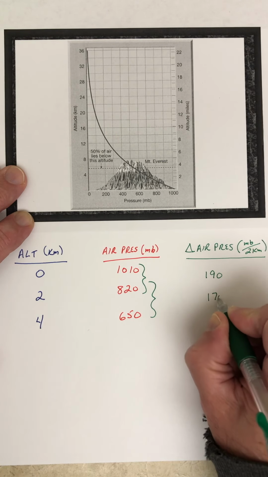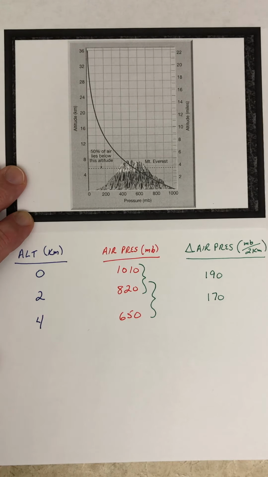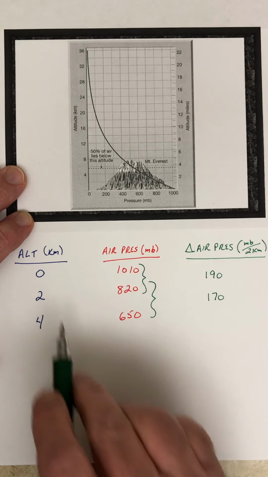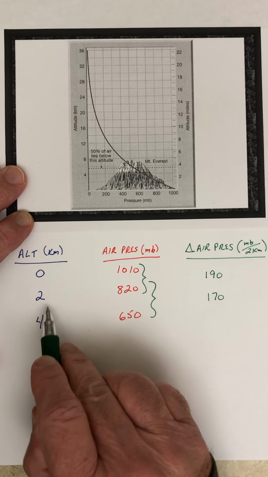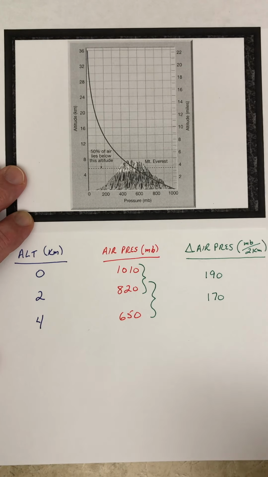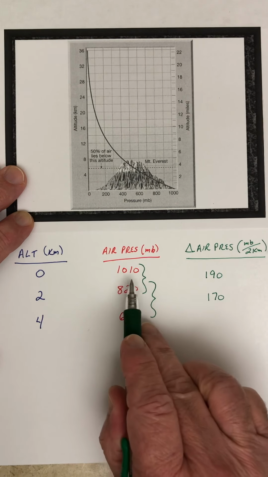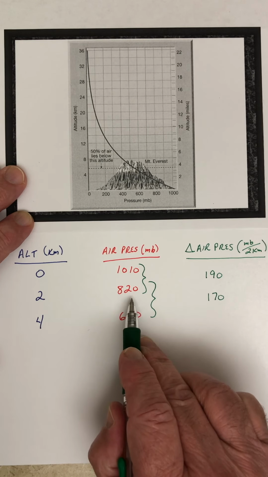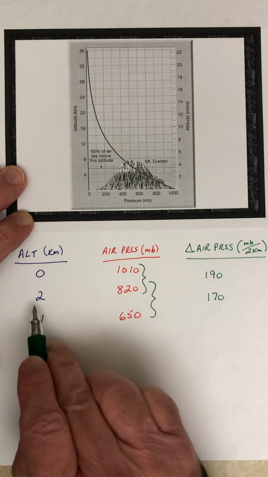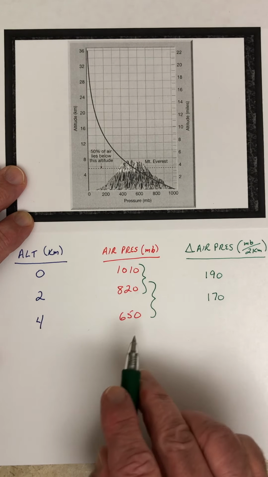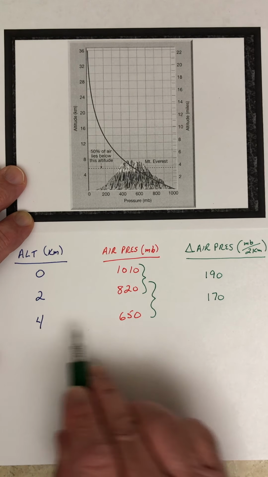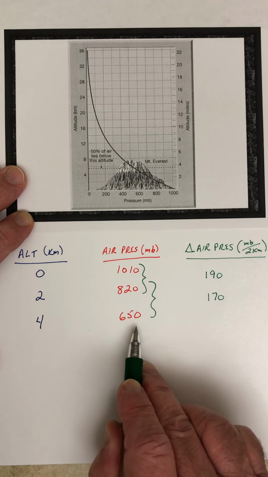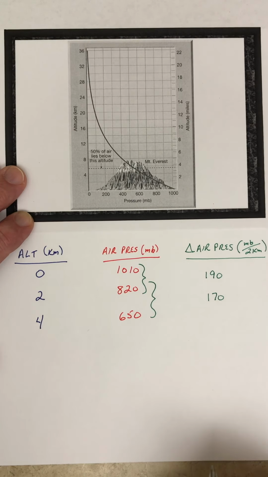As we've gone up from the surface to 2 kilometers to 4 kilometers, has the air pressure decreased? Yes, obviously it has. It's gone from 1,010 millibars at the surface to about 820 millibars at 2 kilometers, and now 650 millibars at 4 kilometers.